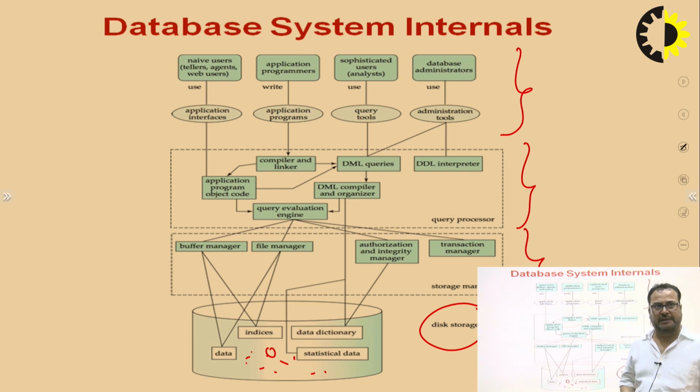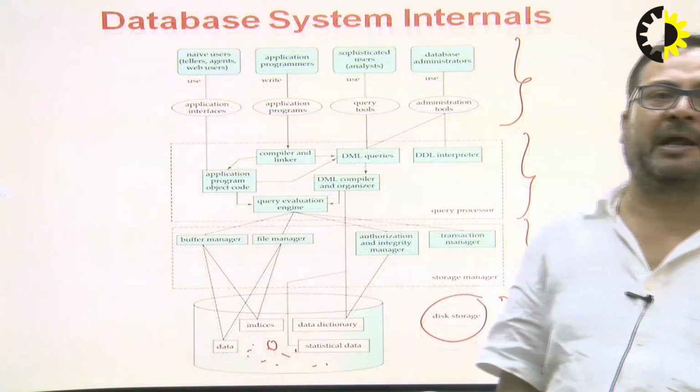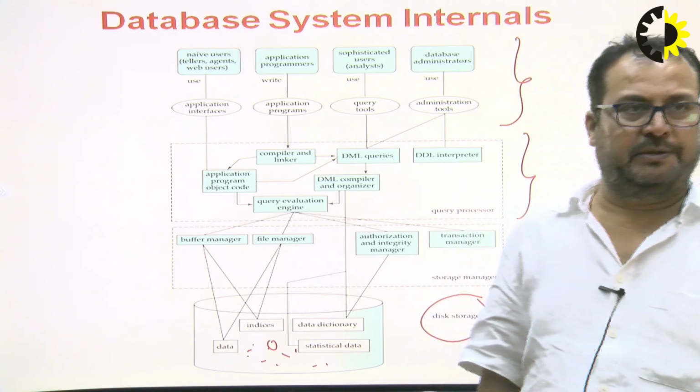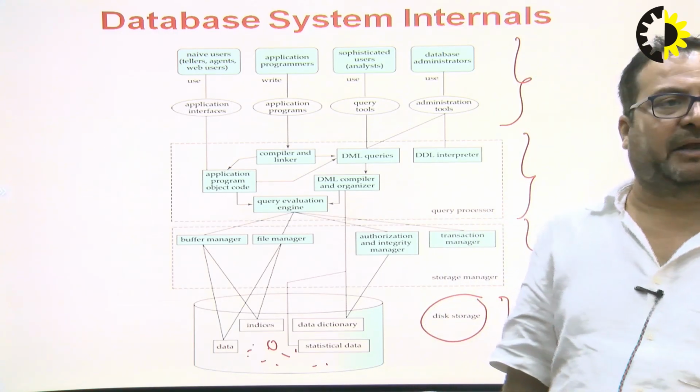This is the database system internals, or the structure of database management systems. The first level has the set of users, the second the query processor, the third the storage manager, and the last the disk storage. Everything comes under that.